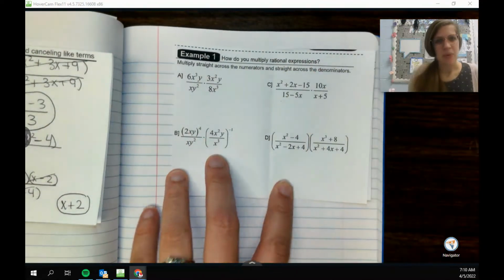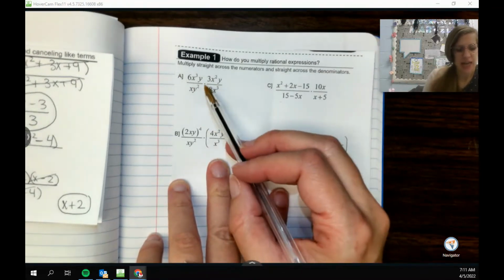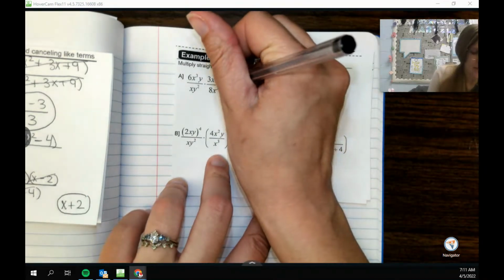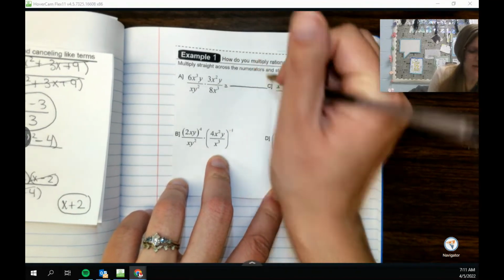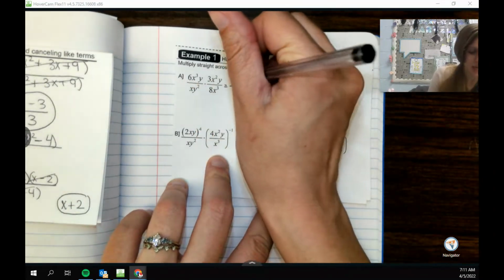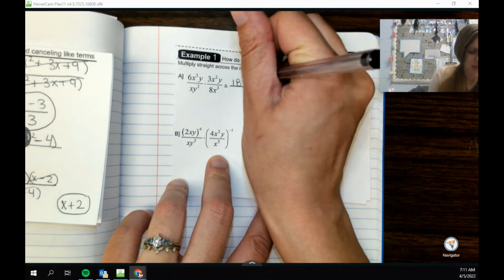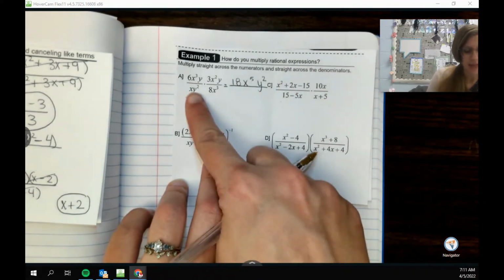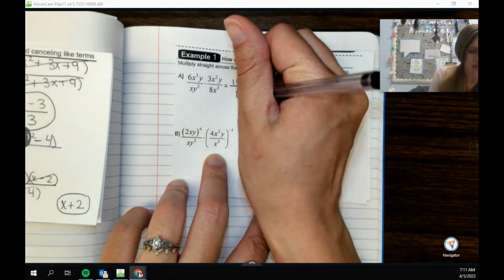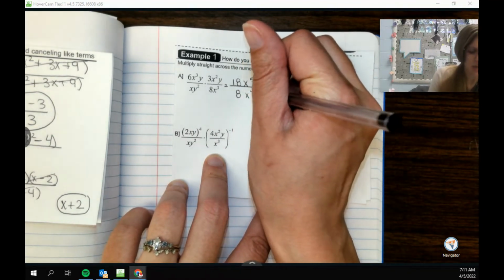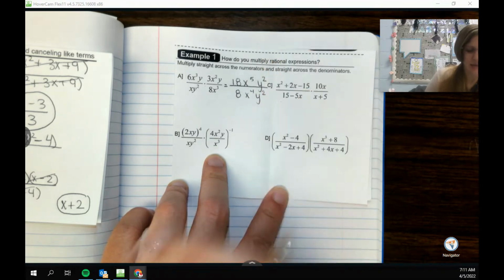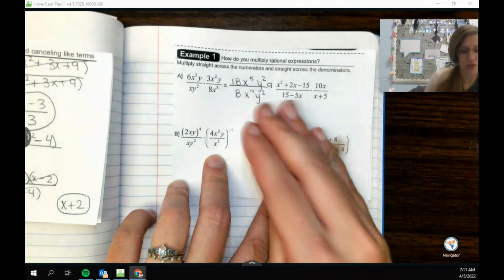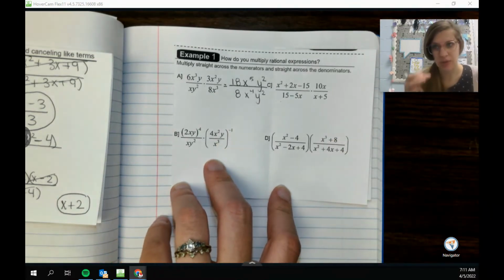Looking at example 1, this first one I can tell is multiplication. So we can right away just multiply our numerators. So we get 18x to the 5th y to the 2nd. And then in the denominator, we have 8x to the 4th y to the 2nd. And then I can start dividing because all of this is just straight up multiplication. There are no pluses or minuses, so no need to worry.